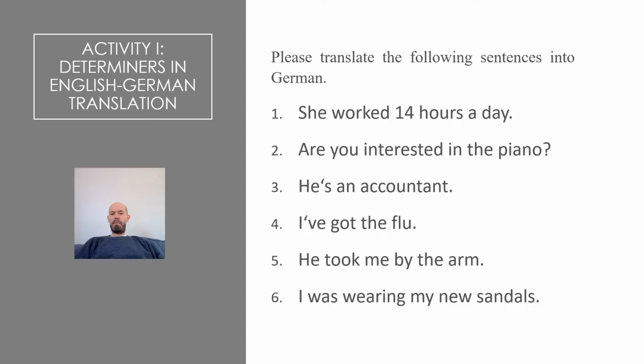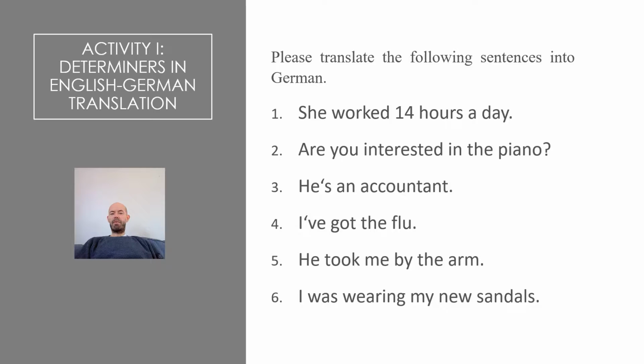He shook me, it doesn't work. He took me by the arm works. But he shook my leg, for instance. The doctor shook my leg. Here you have to use the possessive pronoun. So if the body part comes straight after the verb, you use the possessive pronoun.